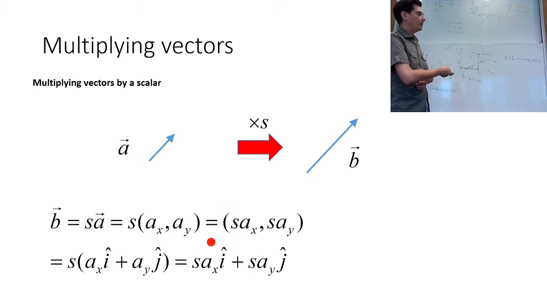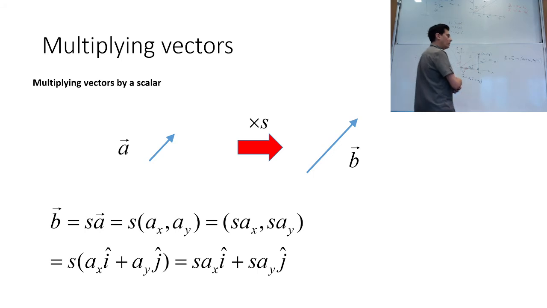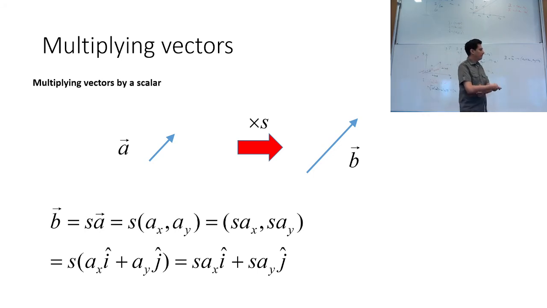The new components are just s times ax and s times ay. Or in unit vector notation, same kind of thing. You multiply s by the vector, you multiply it out, and again you have these new components. In this case, it's the coefficients of the unit vectors, s ax and s ay.